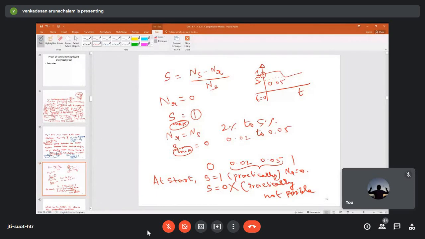After some time, let me take time t equal to t1, your slip will come to 0.05. With this value of slip, the rotor will rotate.